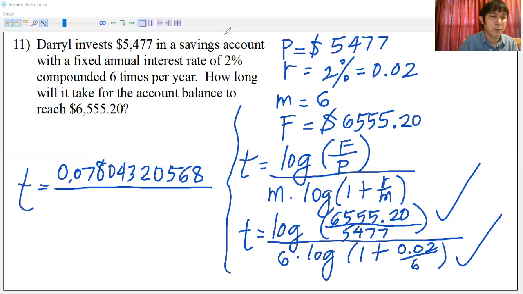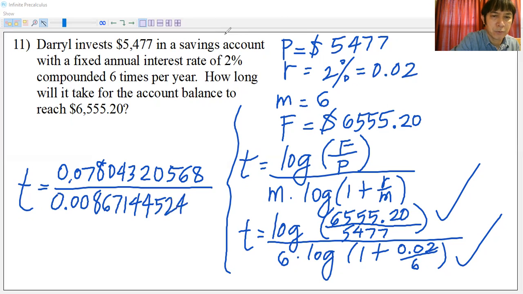Okay, this is the denominator. It's 0.008671445.